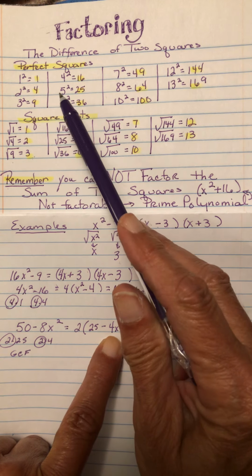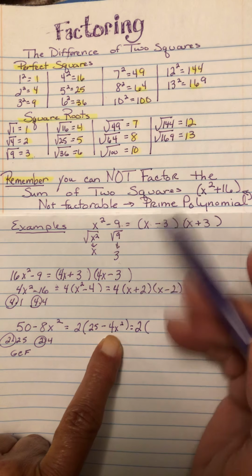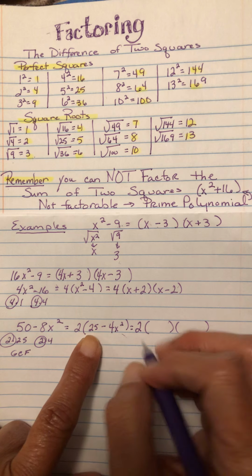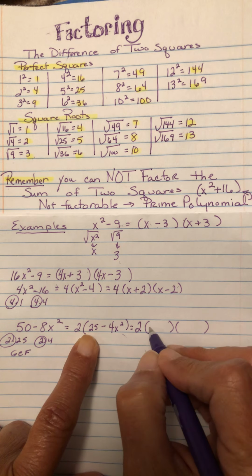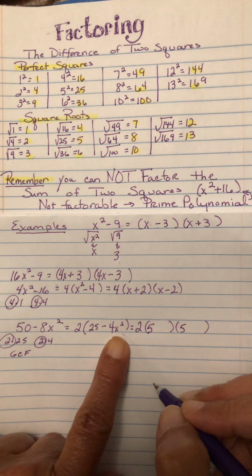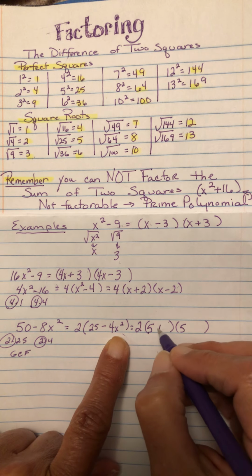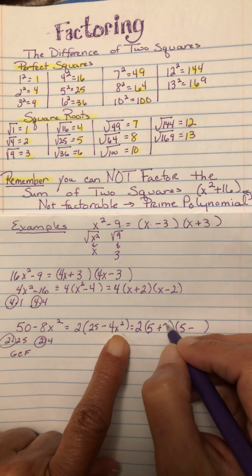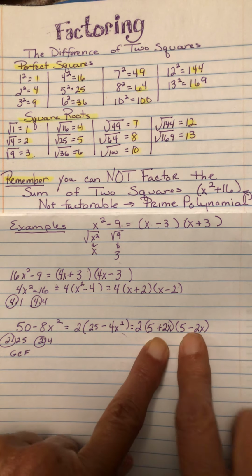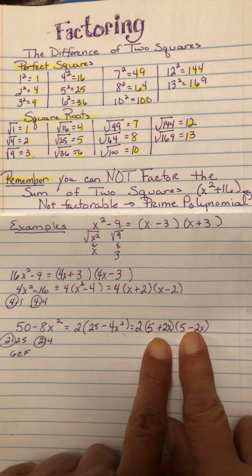We already said it. It is 2. So, and the square root of x squared is x. So let's write that. Square root of 25 is 5. Square root of 4x squared is 2x. And of course, I put in my plus and minus signs.